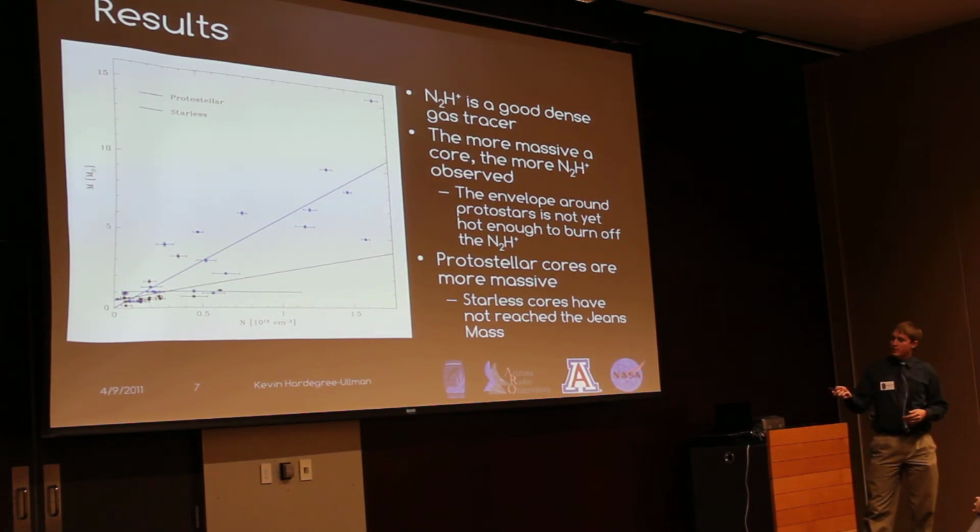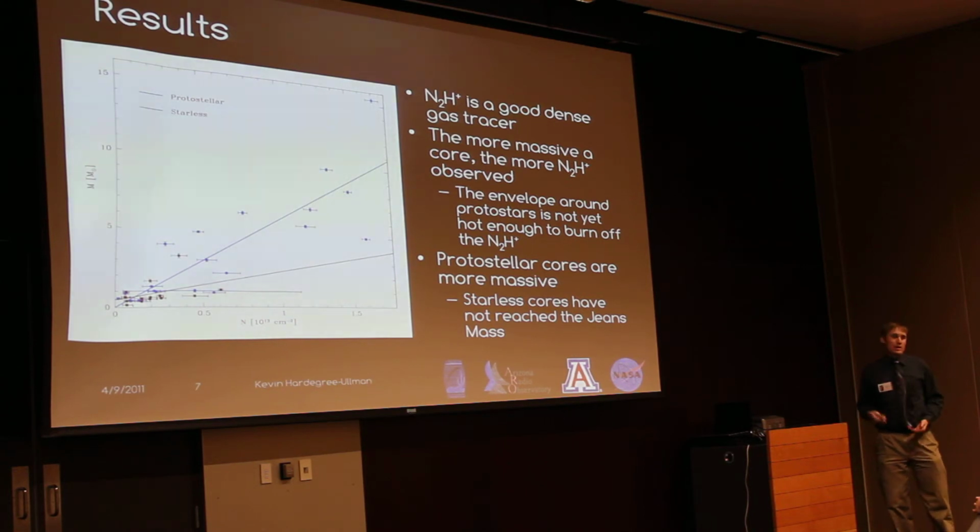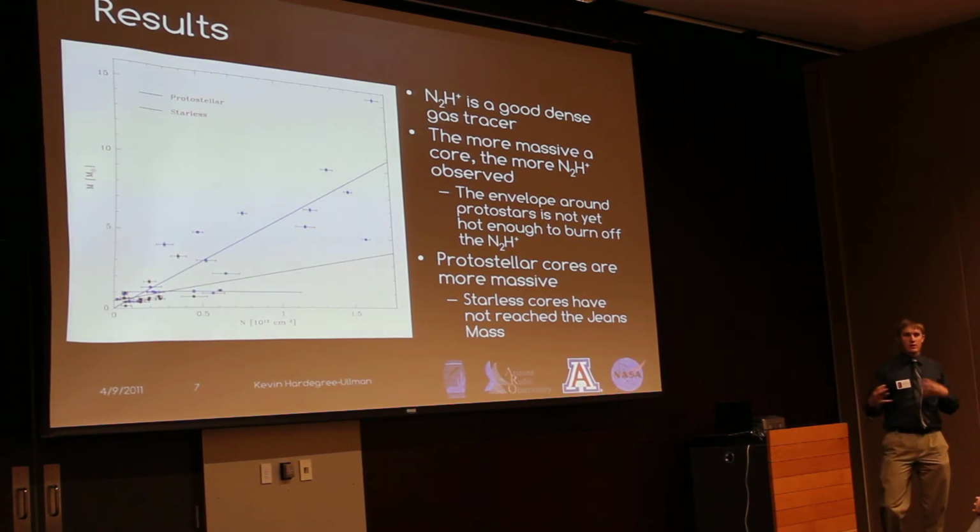So this plot over here is column density versus mass in solar mass units, and you can see that the blue points are protostellar sources, and the black points are starless sources, and the higher mass stars have a lot more N2H plus. And we've determined that that's just because all the protostellar stars are just larger on average, and they have a lot more material.